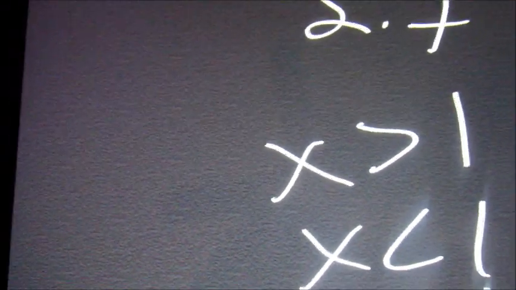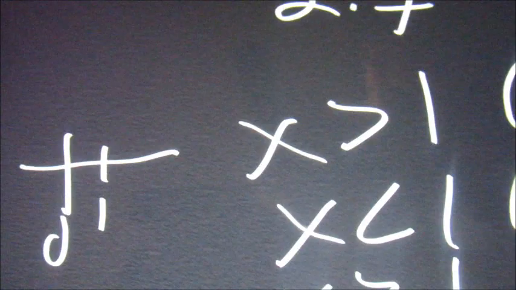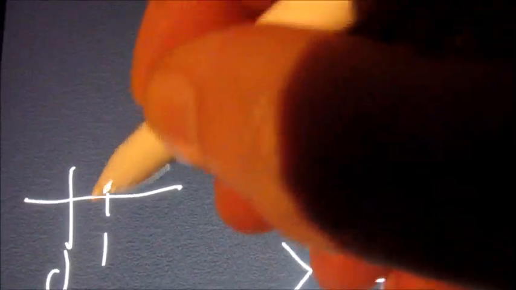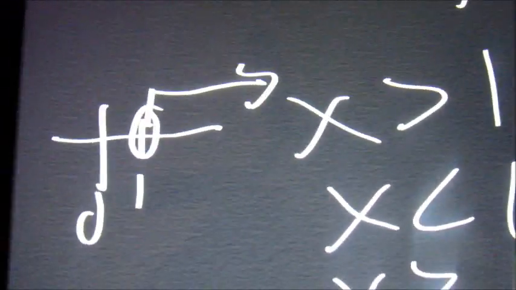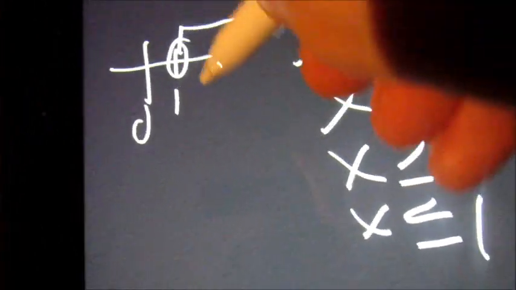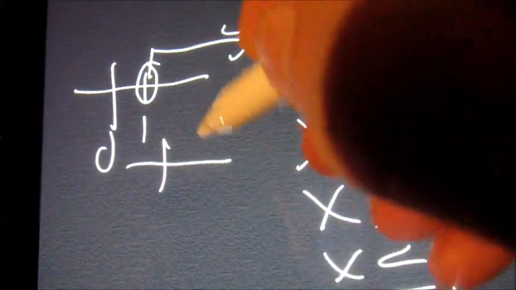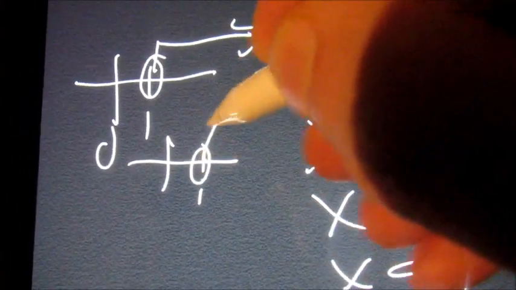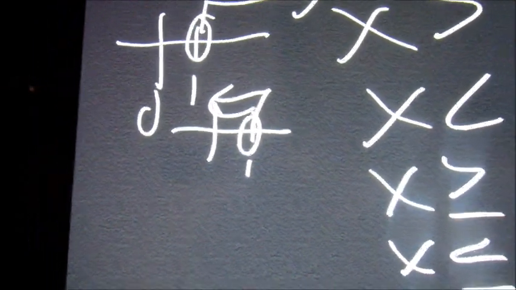Now to graph these, if it doesn't include the number, then it's going to have a circle. So here is the 1. This is 0. So it's greater than 1, so it's a circle, and everything more than that. If it's less than 1, everything less than 1.